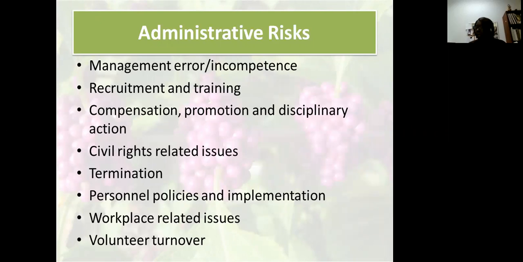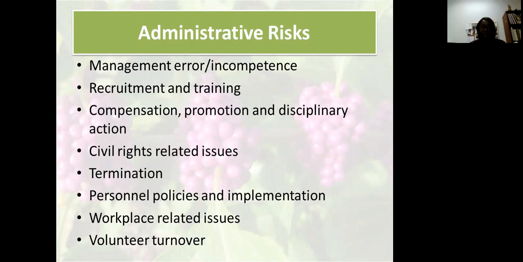And then the administrative risk, which also involves the leaders of the organization as well as the staff and the volunteers. And these are listed here: management error or incompetence, recruitment and training, compensation, promotion, and disciplinary action. And that probably wouldn't apply to your nonprofit or your Master Gardener program because you probably don't employ anyone.